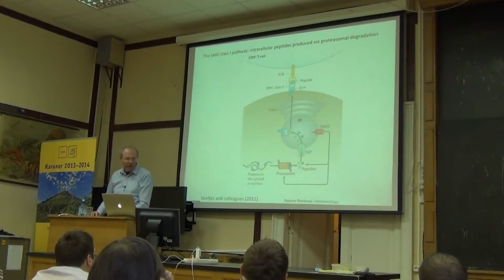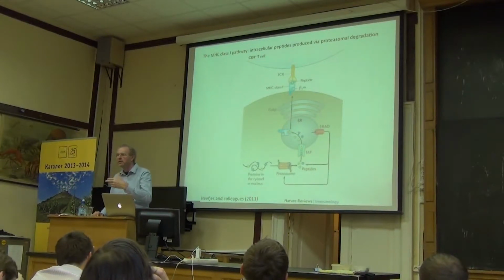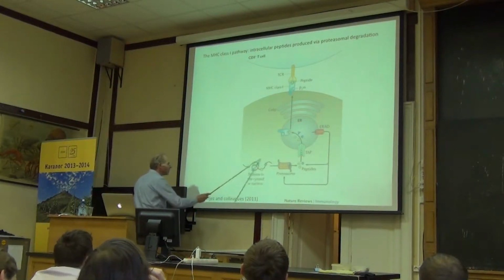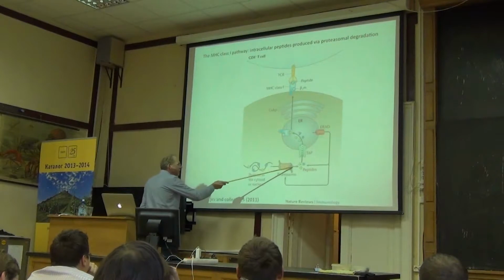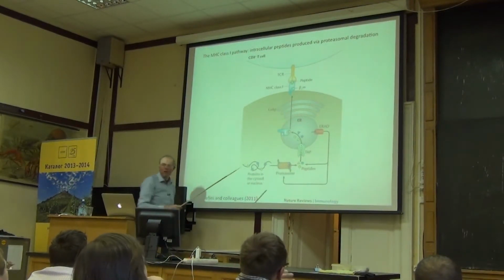Proteasome is basically a protein degradation machine that takes proteins and chops them up into small bits, and these bits are called peptides. So the protein goes in, is being shredded, and these peptides are being liberated.